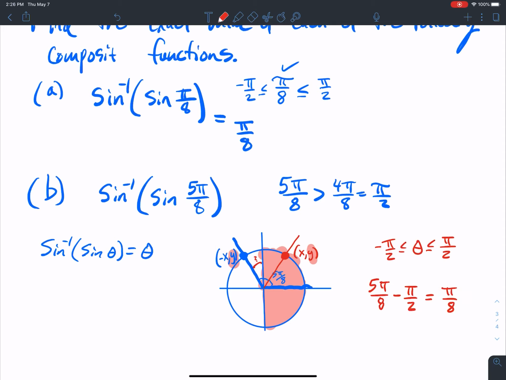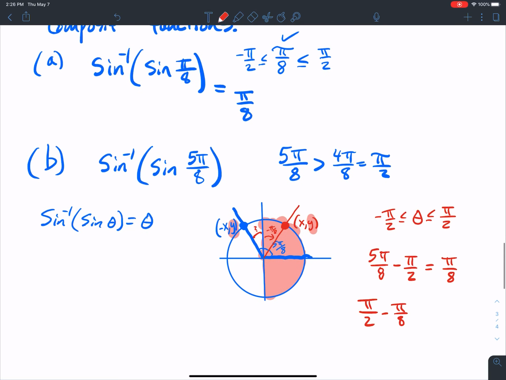So that means to go back this direction, I subtract off pi over 8 from my pi over 2. So pi over 2 minus pi over 8, that's 4 pi over 8 minus pi over 8, gets me 3 pi over 8. So this new angle right here is 3 pi over 8.